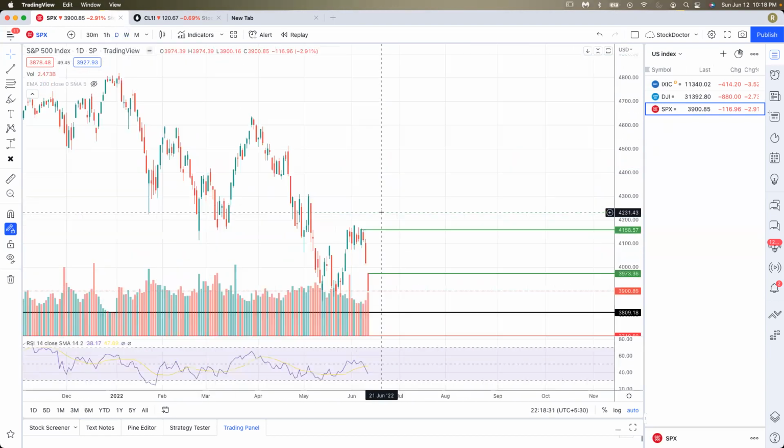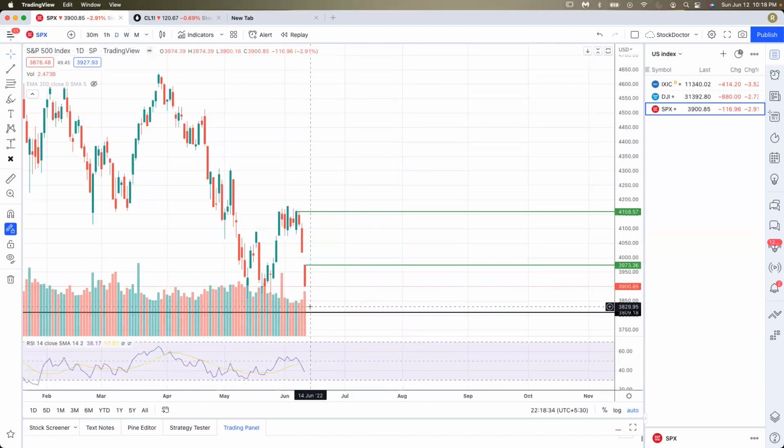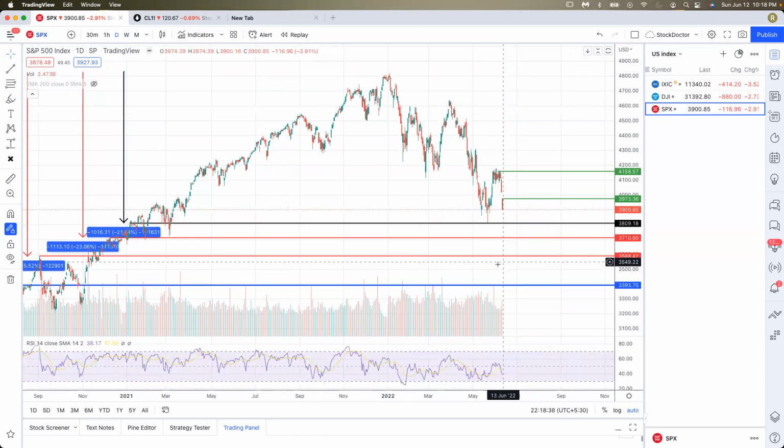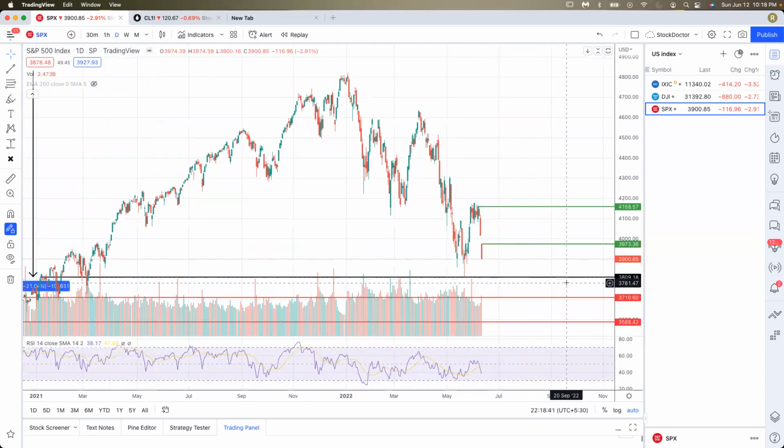On the S&P 500, you can see currently it is resting at 3,900. The first support it currently has is around 3,800. If the S&P 500 comes to 3,800, sustains there and then takes a U-turn, then 3,975 should be the first target, and 4,152.58 will be the next target.